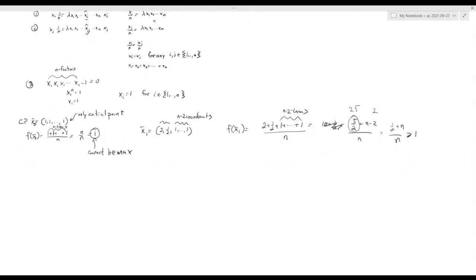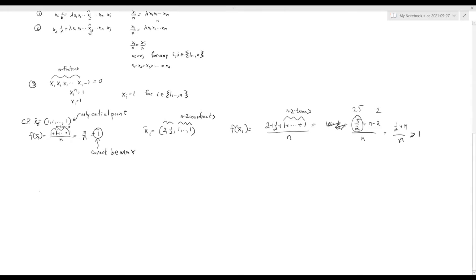Okay, all right, so this is a minimum. So we know that f contains a minimum.